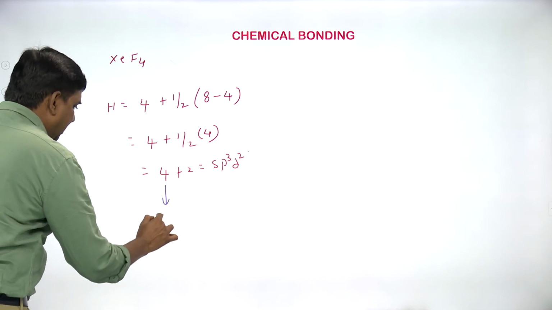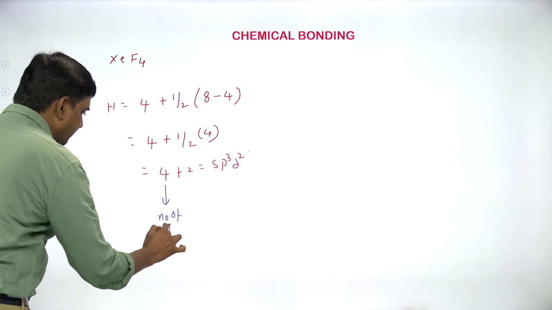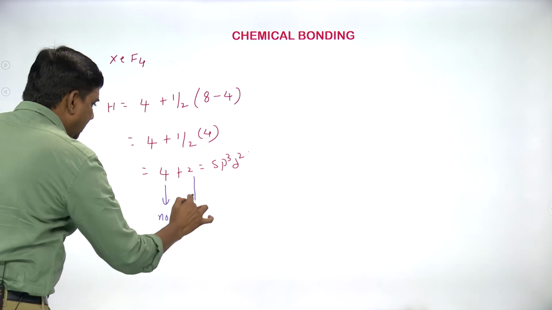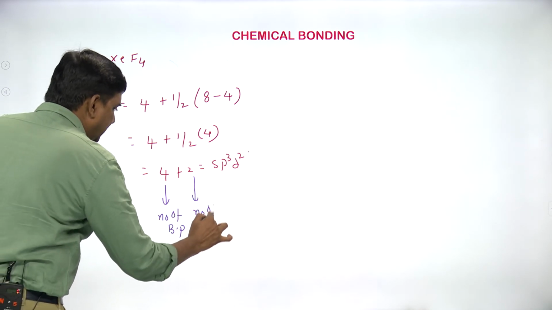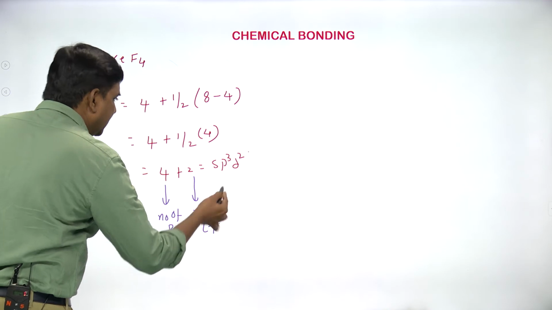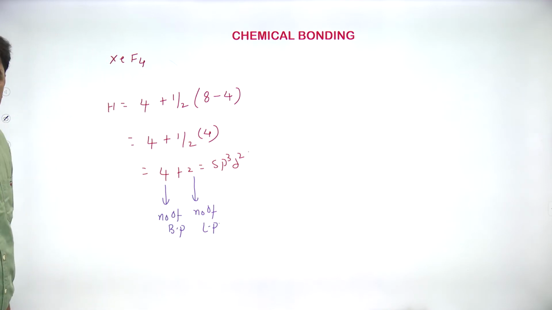This is the number of bond pairs and this is the number of lone pairs and this is the hybridization.